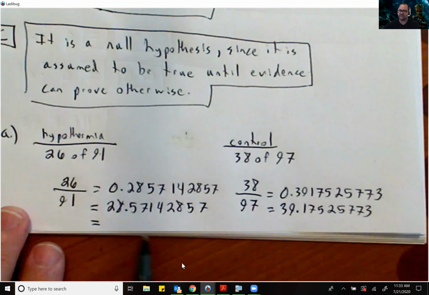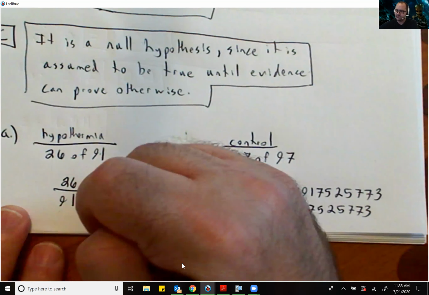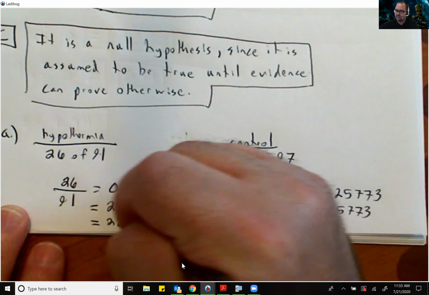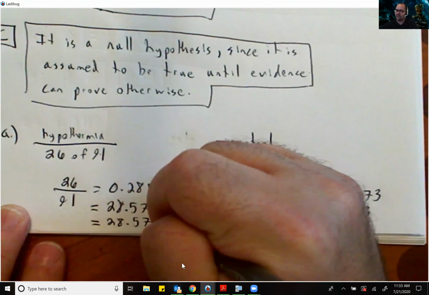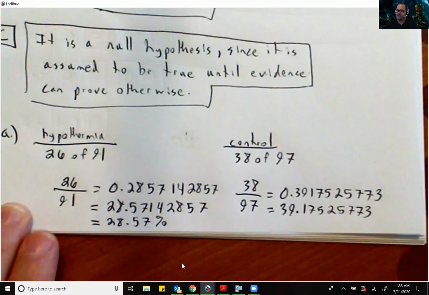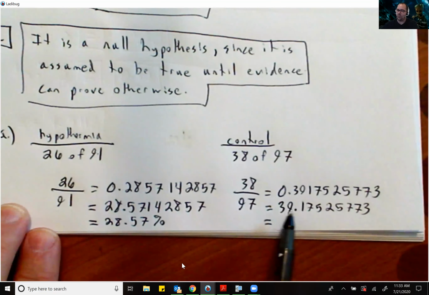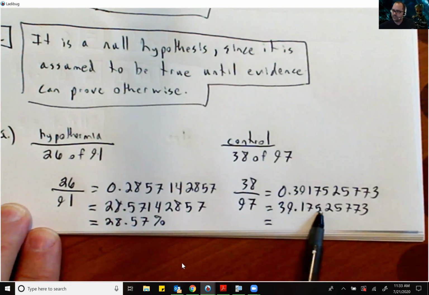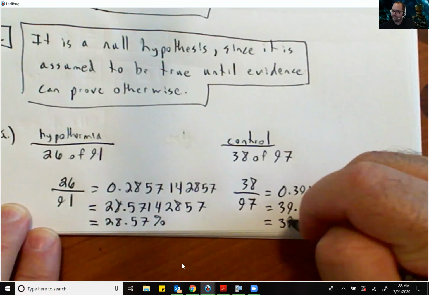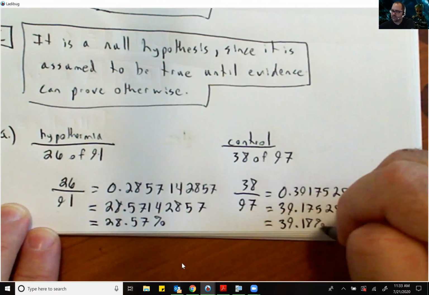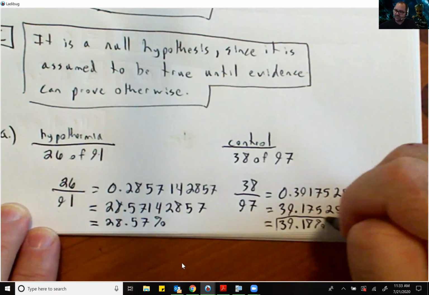So it'll be 28.57%. And then over here, you'll get 39.18 because the 5 says, hey, 7, go up. So there are the 2 percentages.